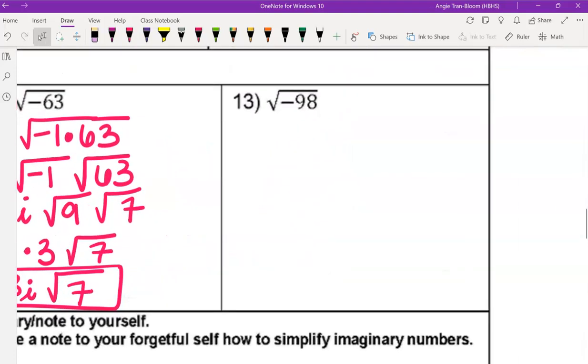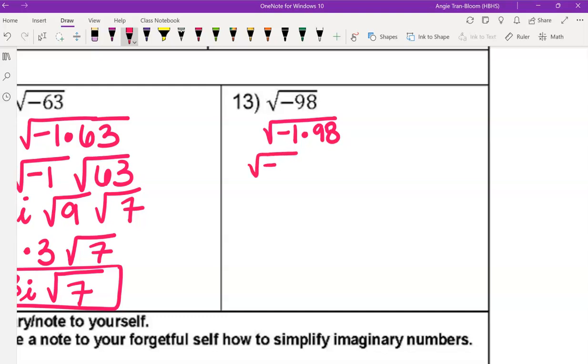Okay, you try this one, but I'm going to help you out first. I'm going to break this up as negative 1 times 98. Then I'm going to help you one more. Break it up as negative 1 under the square root times a positive square root of 98. We can definitely turn square root of negative 1 into an i.